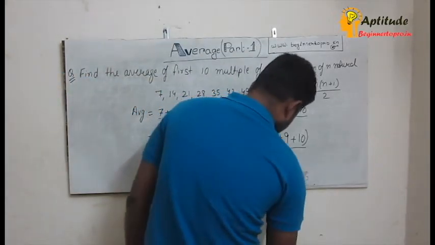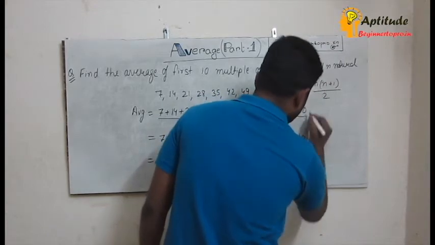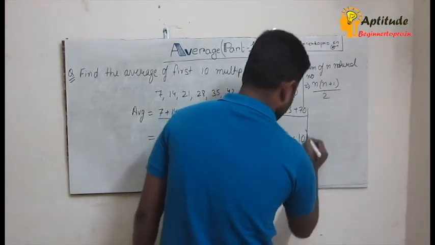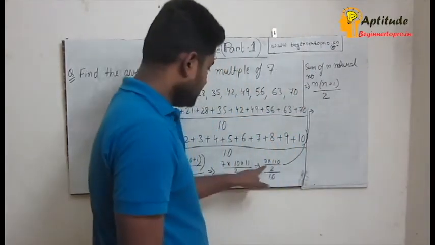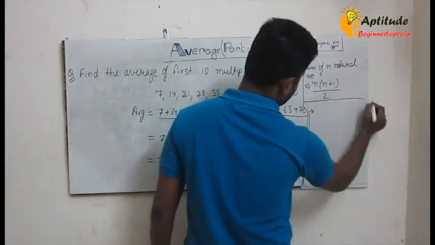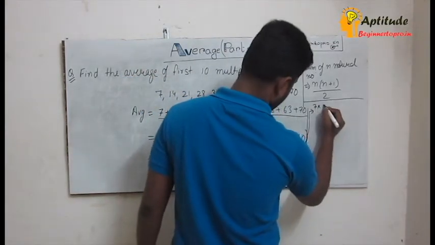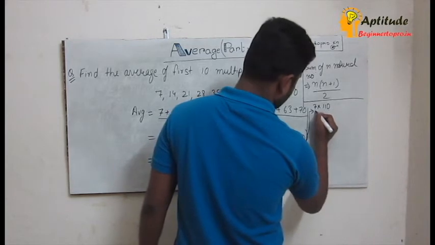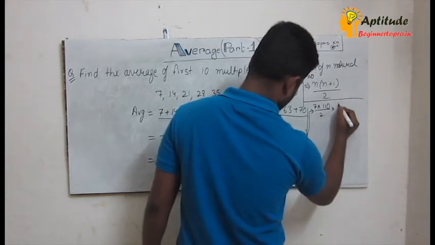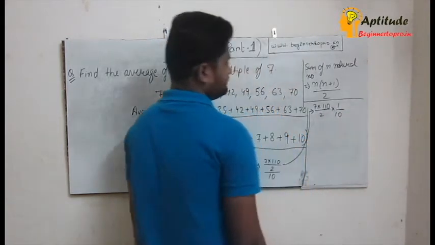Now, can we write this as 7 into 110 upon 2 into 1 upon 10?